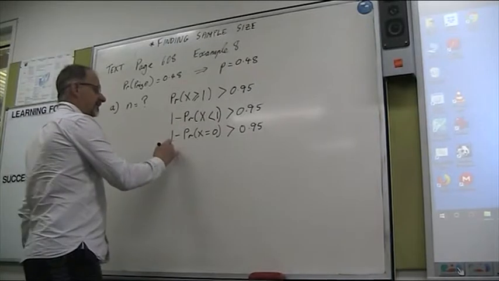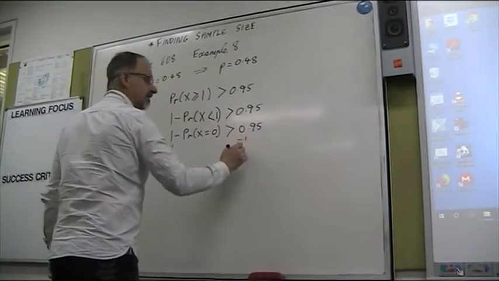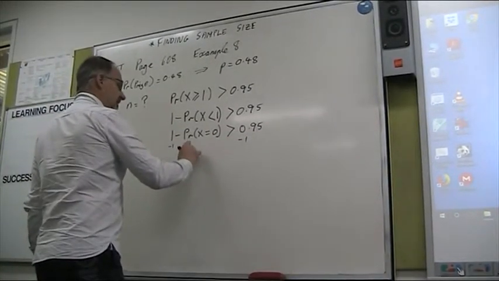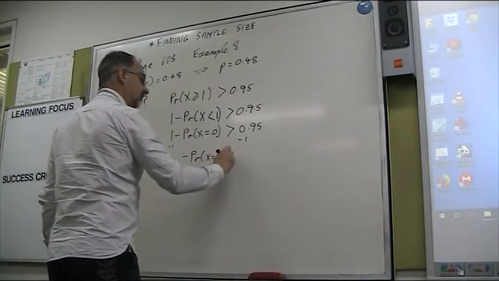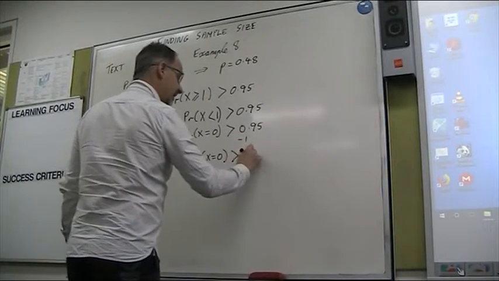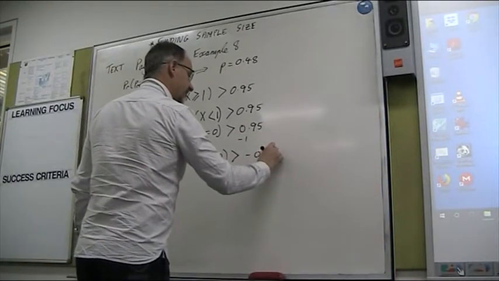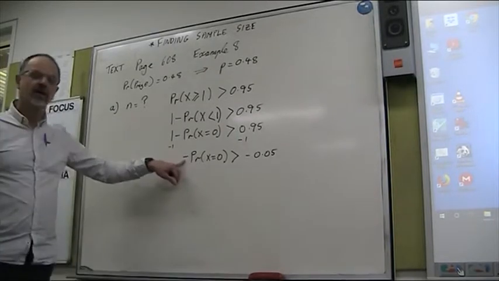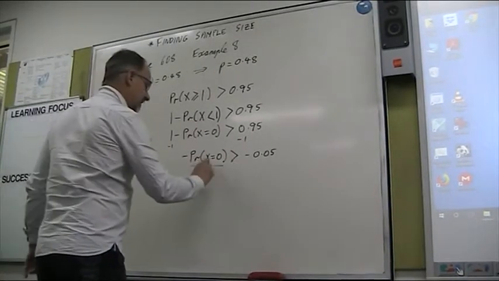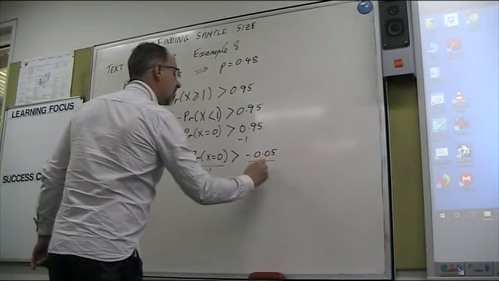So if we take 1 from both sides, then we're looking at negative probability of x equals 0 to be greater than negative 0.05. This negative's here, so we can divide by negative 1.